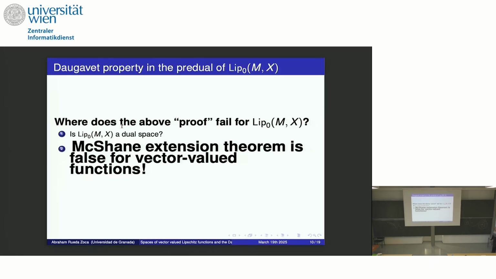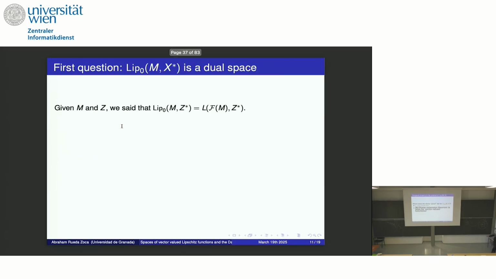So what do we do? Well, try different techniques. Concerning the fact that Lipschitz is a dual space, when the target is a dual space too, there is something we can do. We said that Lipschitz is, at the very end, a space of bounded operators. And it is known that this space of operators is a dual space when the target is a dual.